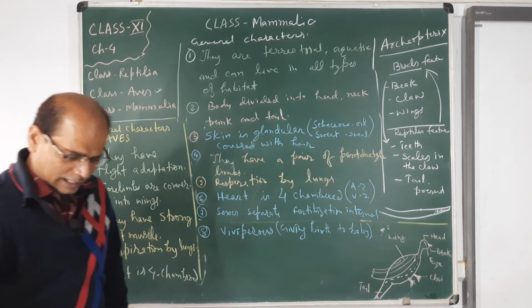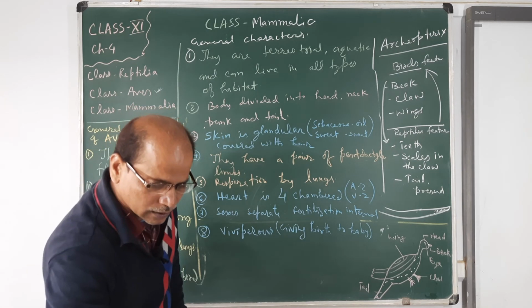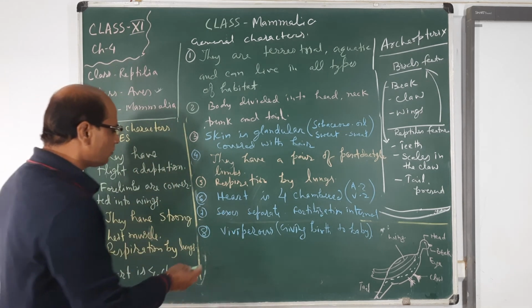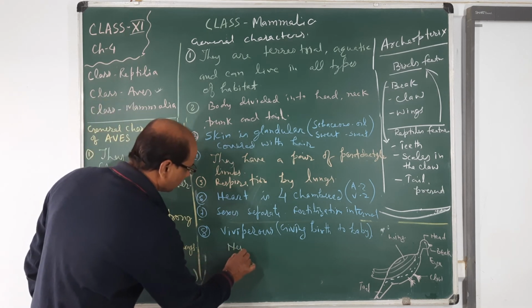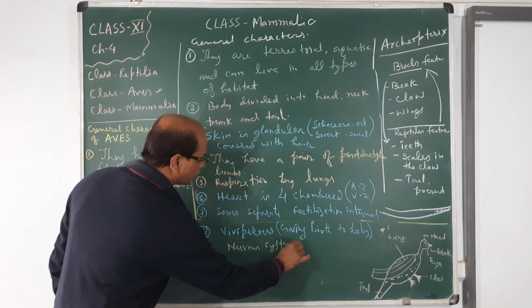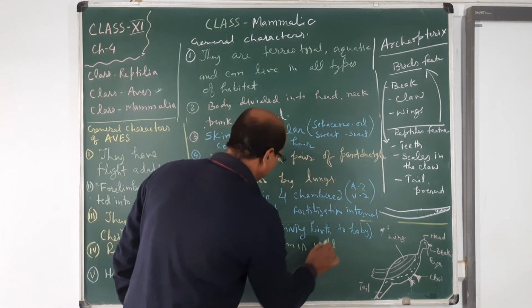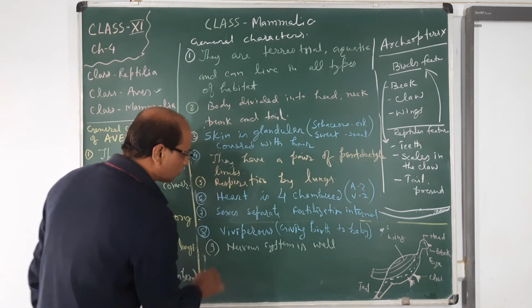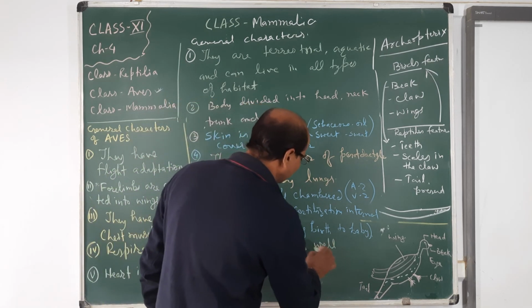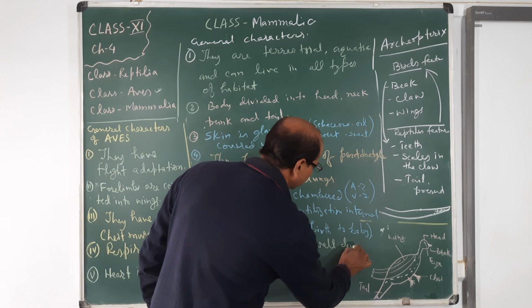This is their character, and they are very advanced and very intelligent, means their brain and nervous system are very much developed. The nervous system is well developed. That's why they are able to do all the activities that they want.